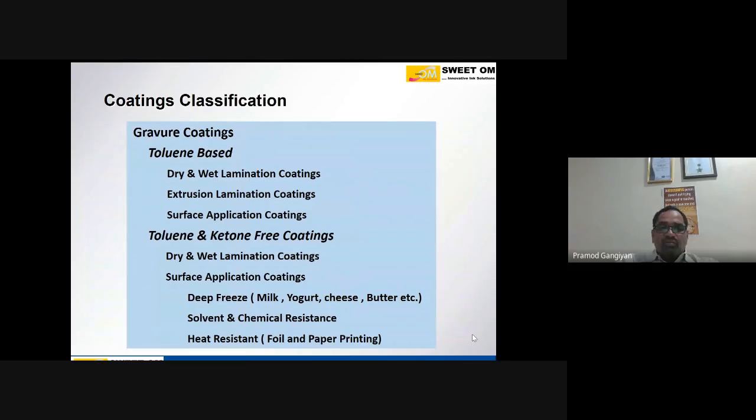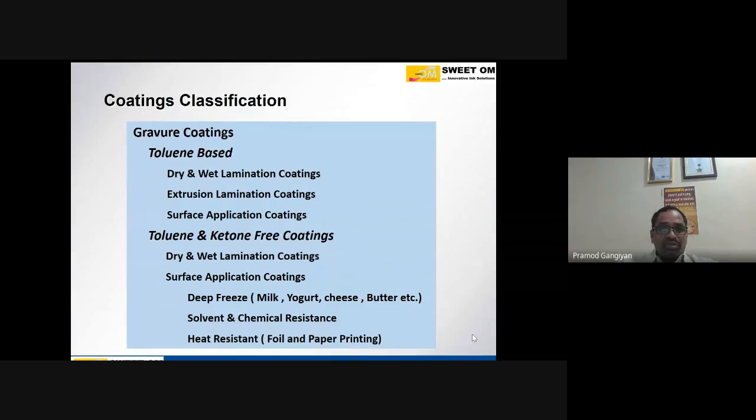Now, whatever coatings we have discussed so far, these coatings can be again classified based on their nature, how to apply it, or based on what the constituent inside it is. Based on application, we can classify as gravure coatings or flexo coatings or screen coatings or roller coatings, right?